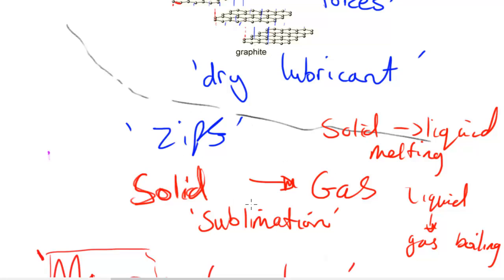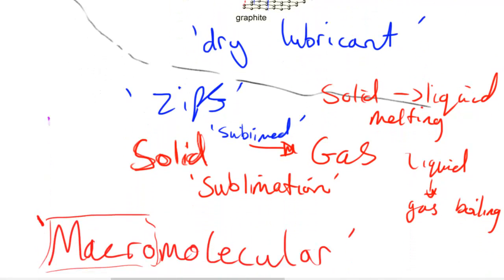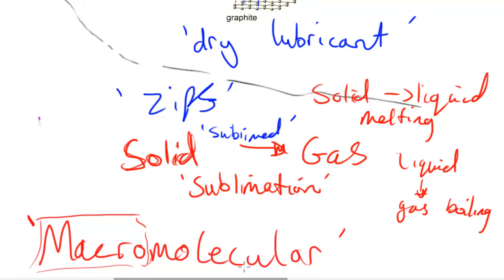So we describe this as the solid has sublimed into a gas. Like you'd say it's melted into a liquid, or boiled from a liquid to a gas. In this case it's sublimed from a solid to a gas. And this is one of those properties which happens not only with graphite, but also with diamond, which I'm going to be talking about very soon.